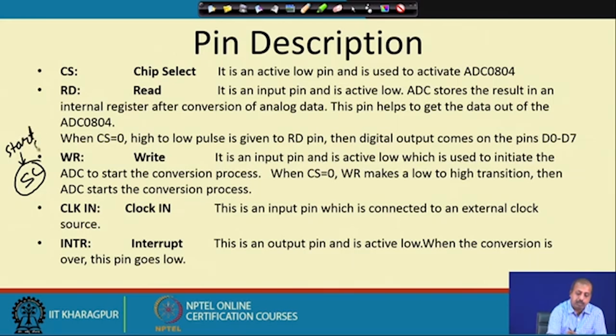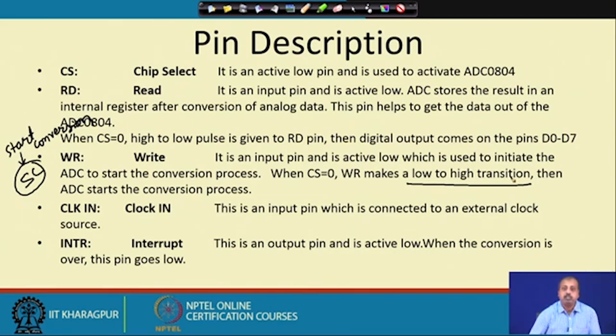In this particular ADC, we do not have any separate start conversion line. We have this write line. If a high to low pulse is given onto this and then we make a low to high transition on this write pin, then this ADC will start converting.